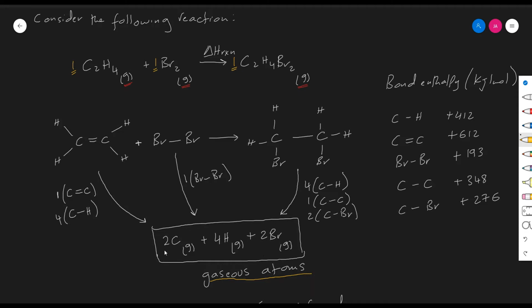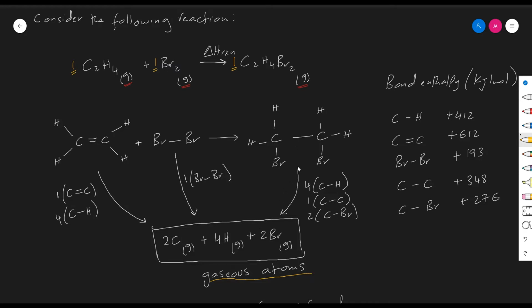The next step would be for these gaseous atoms to recombine in a different way to form the products over here. If I draw the arrow in this direction to represent bond enthalpies, which is bond breaking, then going from this box containing the gaseous atoms to the products would represent bond forming.